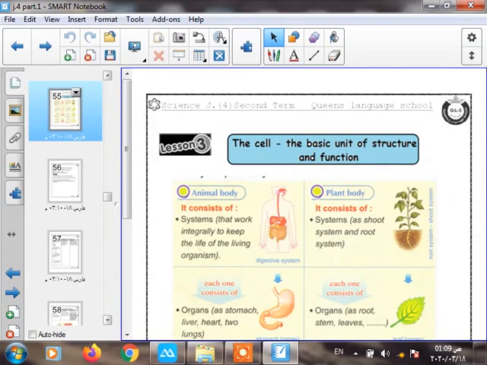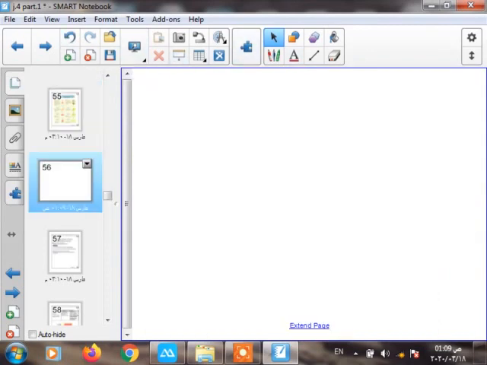As you know, anybody is made of a group of systems.